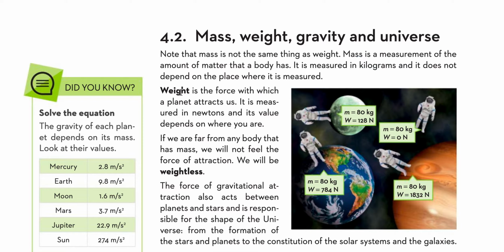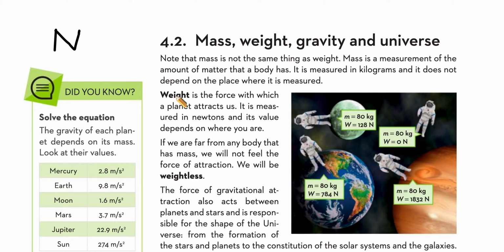But weight is a force. And the unit of force is called the newton, N. That is the unit for forces, the symbol N. So this is a difference with mass.